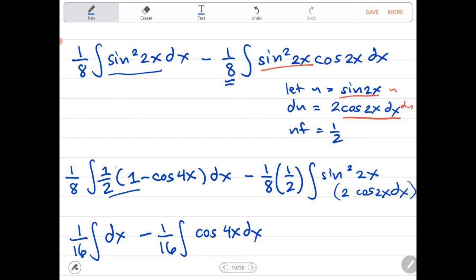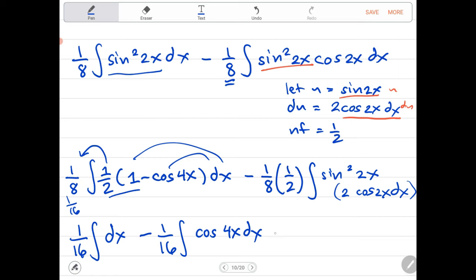So that you won't get confused, we can multiply it here. 1 over 8 times 1/2 is 1 over 16. So this one can be 1 over 16. Then distribute the dx. So that's why we have 1 over 16 the integral of dx minus 1 over 16 times the integral of cosine 4x dx.